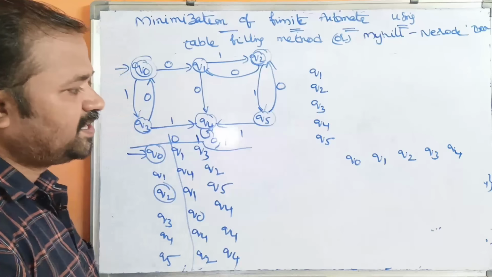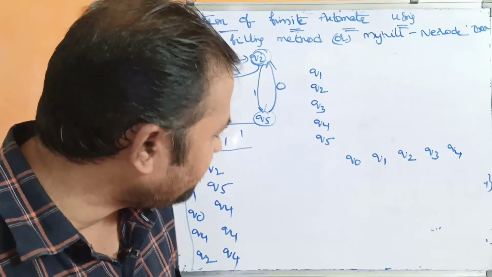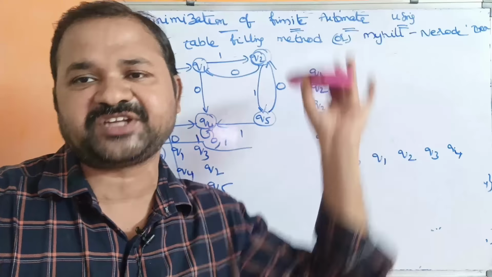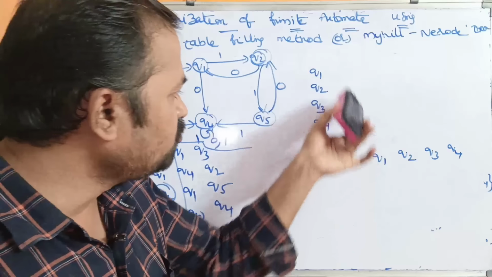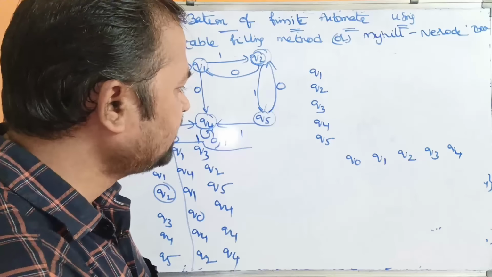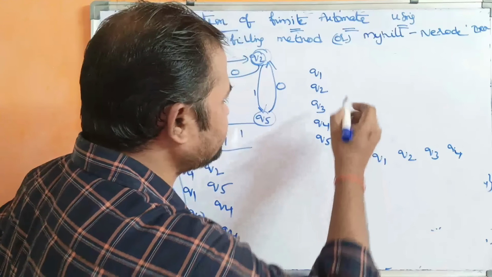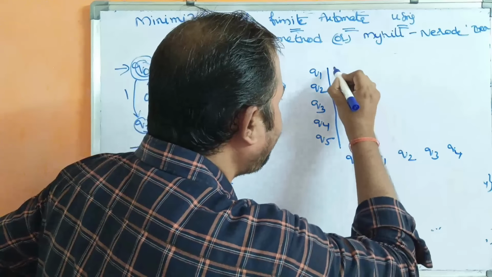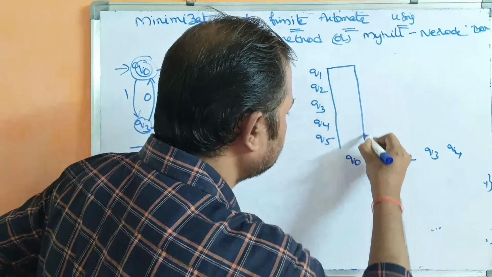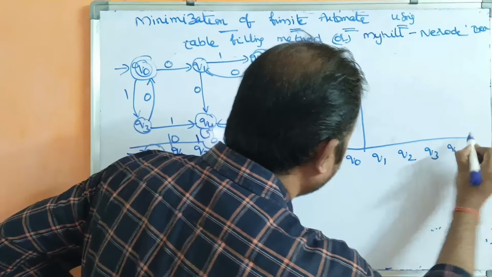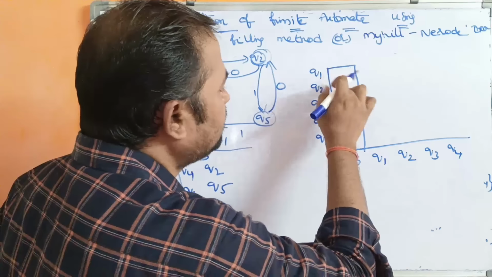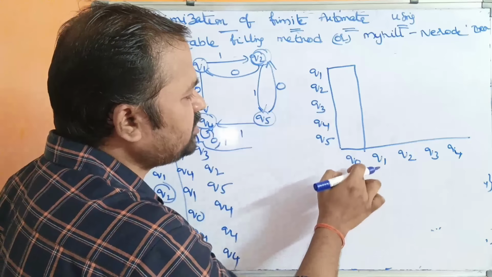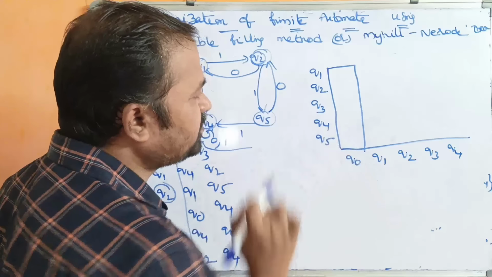Now we have to establish the connections from each state to all the remaining states. So from Q0 to Q1, Q2, Q3, Q4, Q5.